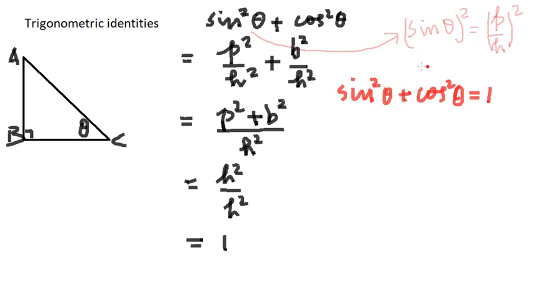And from this we can derive sine squared theta is equal to 1 minus cos squared theta.